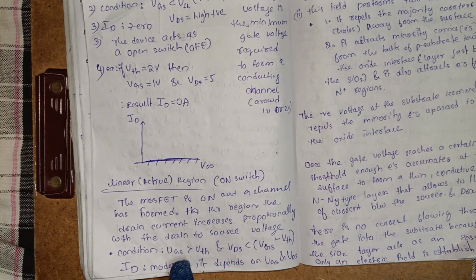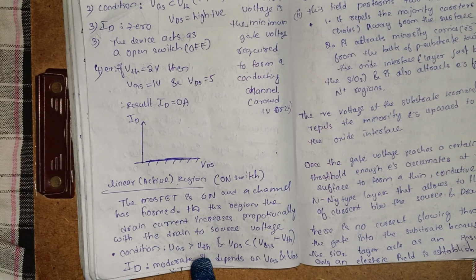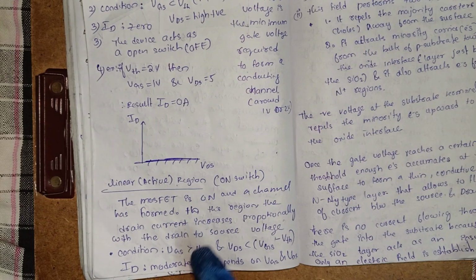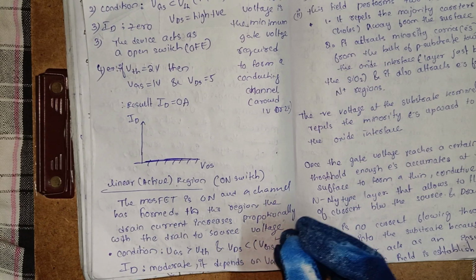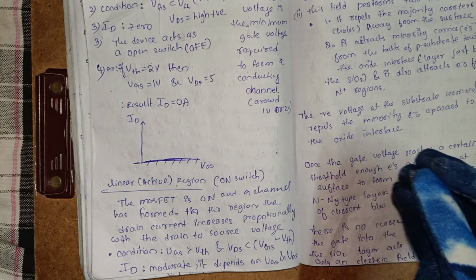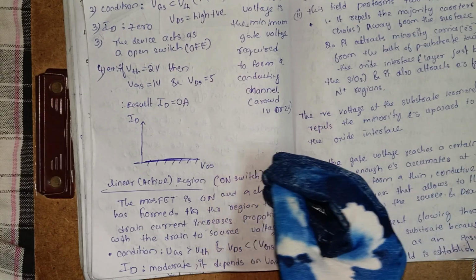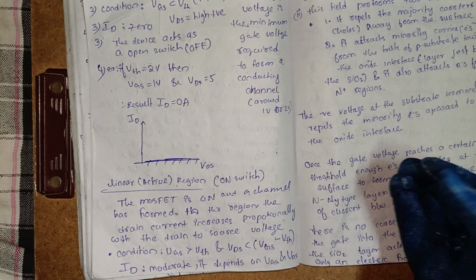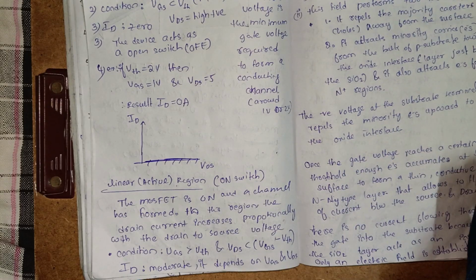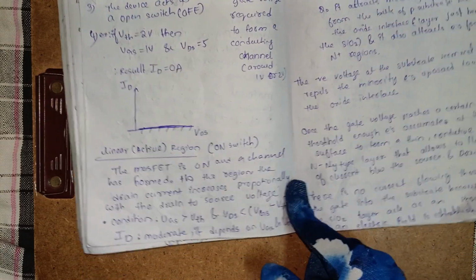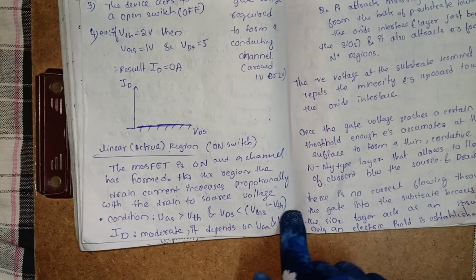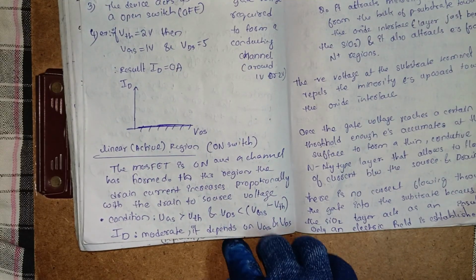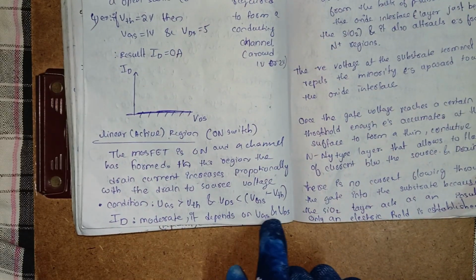The condition is VGS is greater than VTH, the minimum gate voltage required to form a conducting channel. If we increase VDS, then the ID current also increases. And VDS is less than VGS minus VTH. This is the condition. And ID is moderate, depending on VGS and VDS.